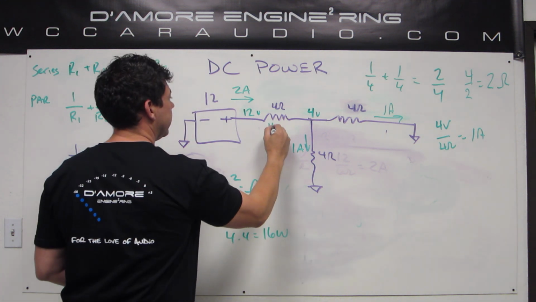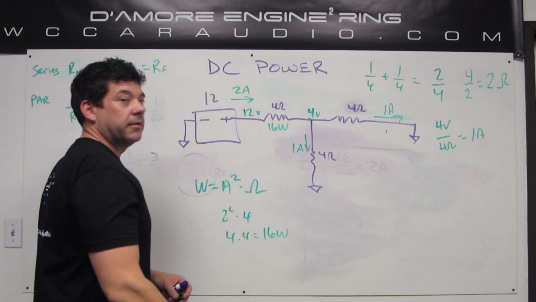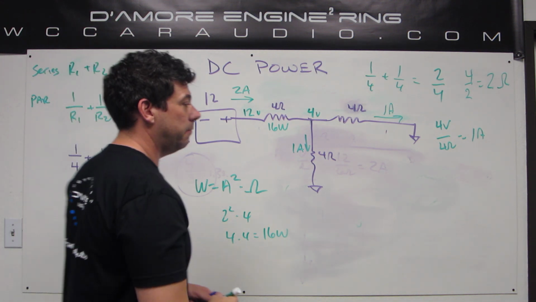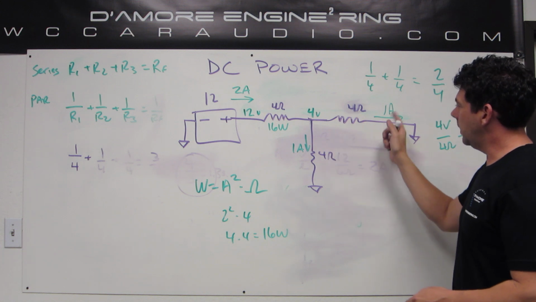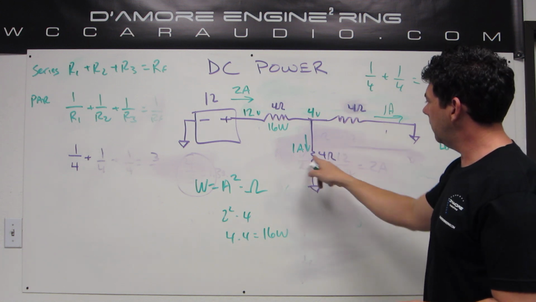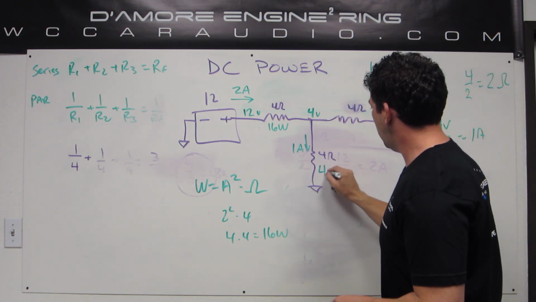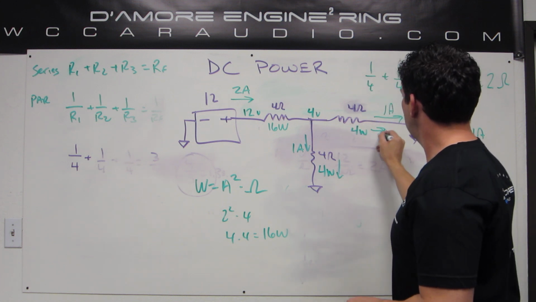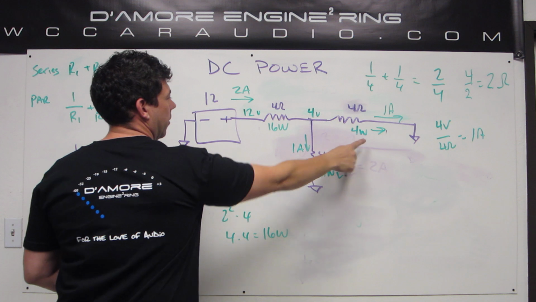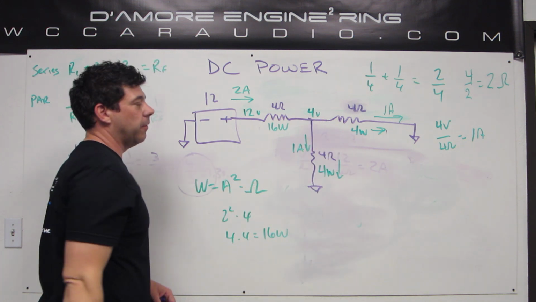So this one's got 16 watts of heat, or of power. This one's got an amp and this one has an amp. So 1 squared is 1, 1 times 4 is 4, so this has 4 watts. Same thing here, 4 watts. So we got 16 watts, 4 watts, 4 watts, that's a total of 24 watts.